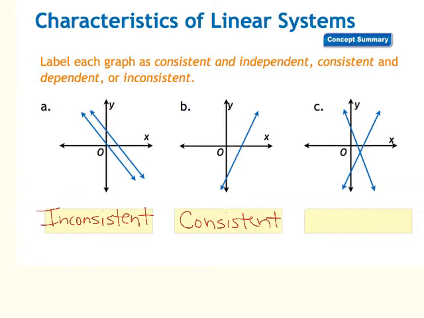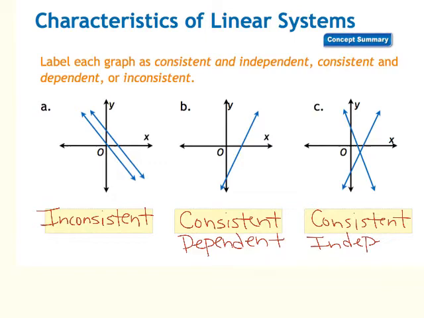But because there are so many solutions, the answer of one line depends on the other line because they're the same line. So this is consistent and dependent. On C, because there is a solution, it's consistent, and they intersect, so they are independent of each other because they're two separate lines.